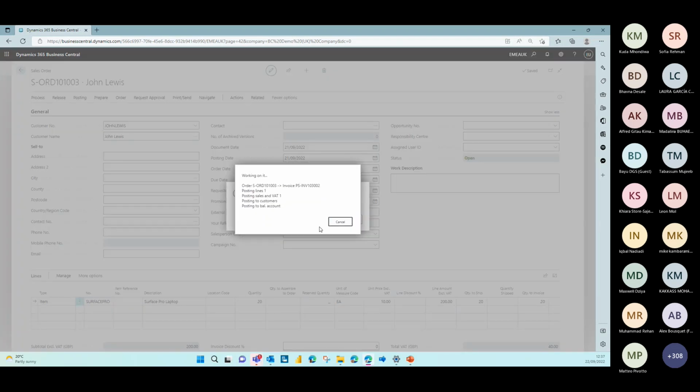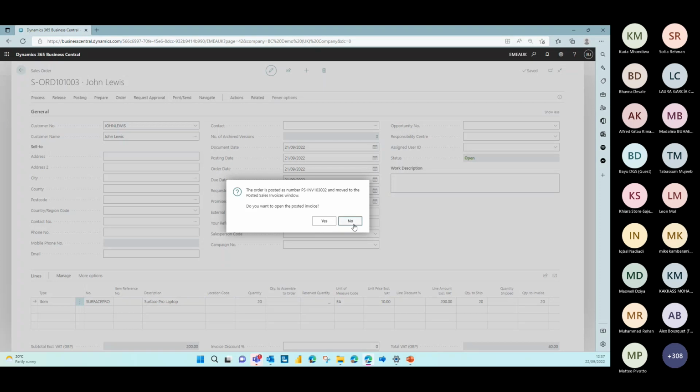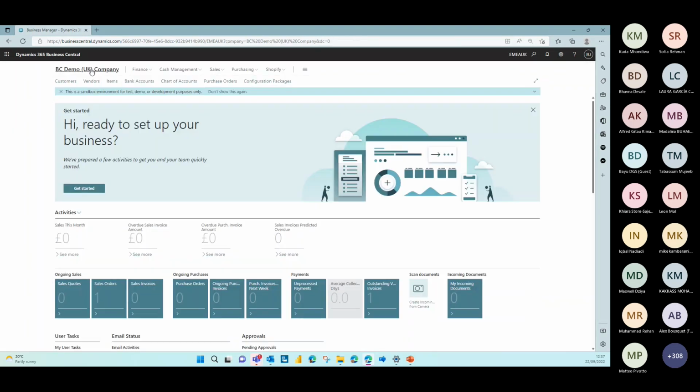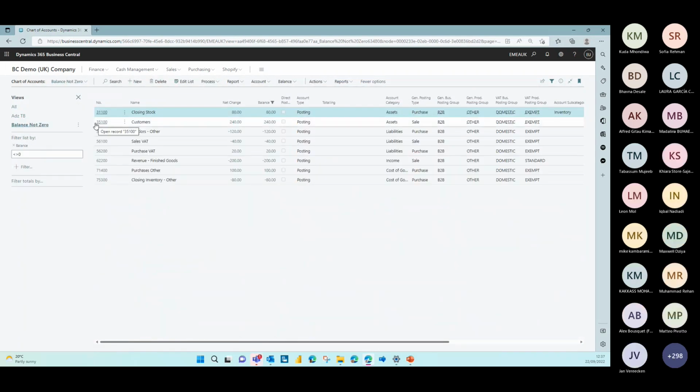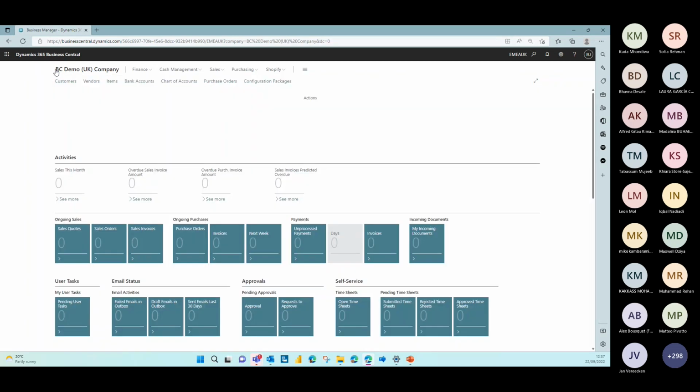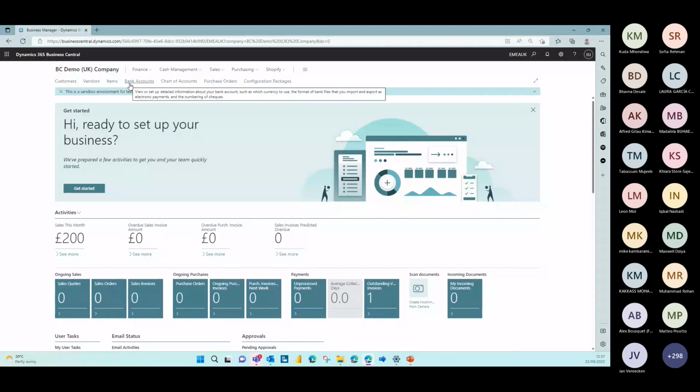Just say yes, I forgot to change the date, but that's okay. All right, so we will look at, and now you can see my closing stock has gone down. Yeah, and I have my customers and my payables. Okay, and now we're gonna display the bank where you have receipts and payments.